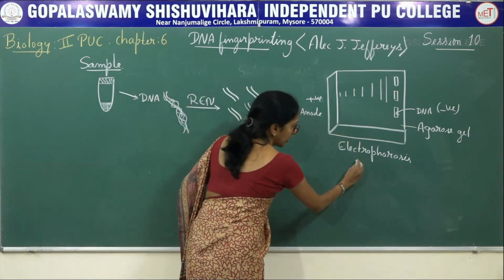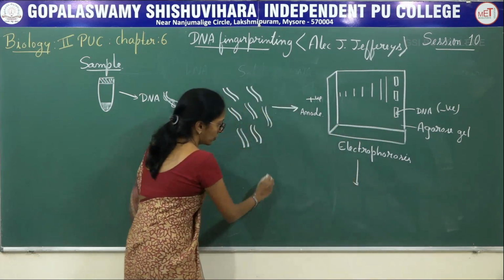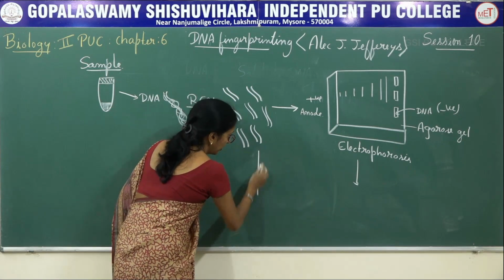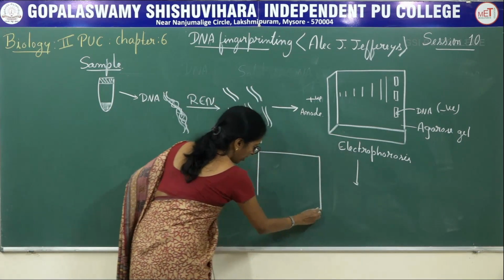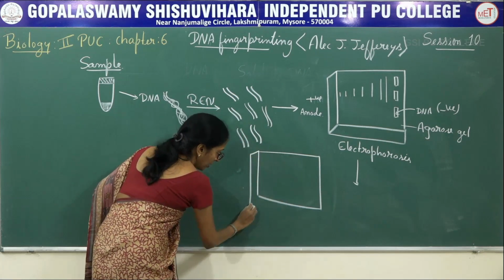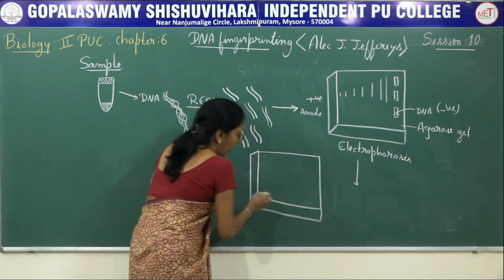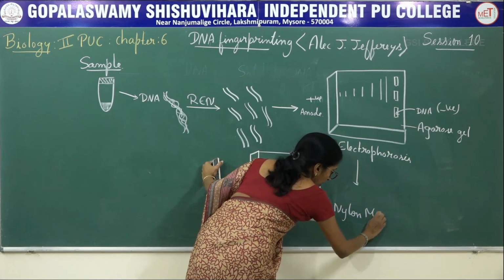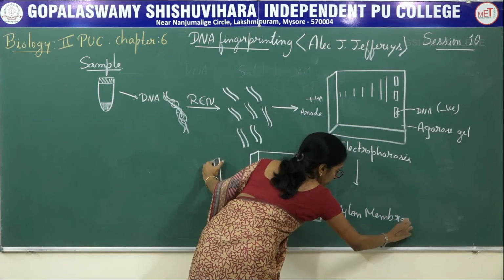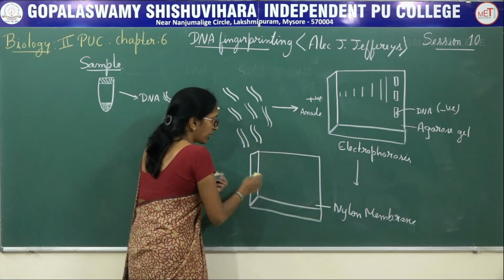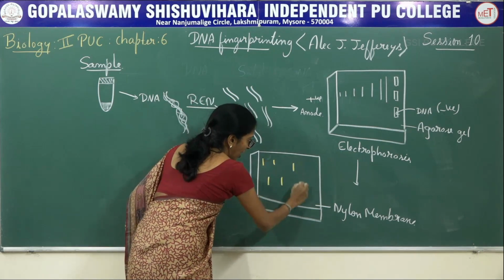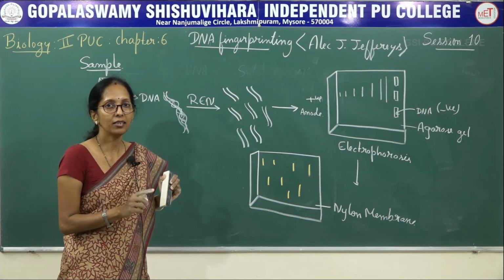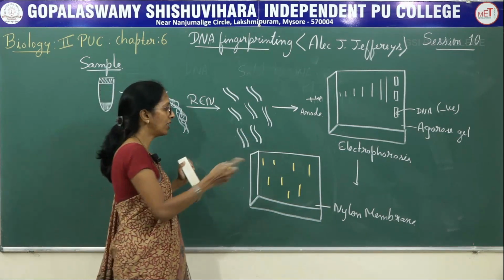Now, after this electrophoresis, these DNA fragments are placed on a nylon membrane. This is the nylon membrane, which contains artificially synthesized single-stranded radioactively labeled DNA.